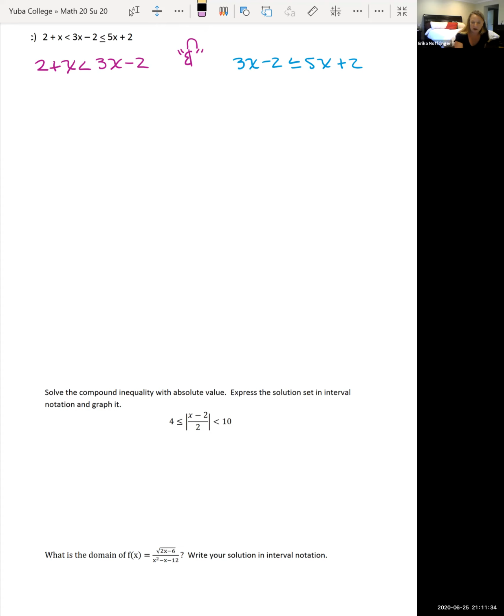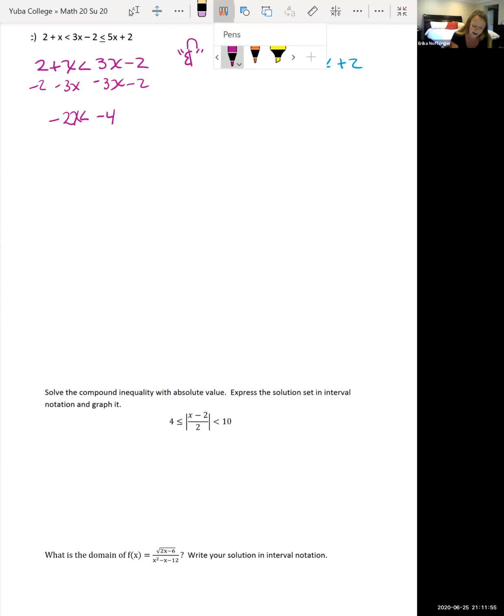So this is a linear inequality. Get variables to one side, constants on the other. So we could subtract 3x on both sides. Let's subtract 2 on both sides. So we get x minus 3x is negative 2x is less than negative 4.